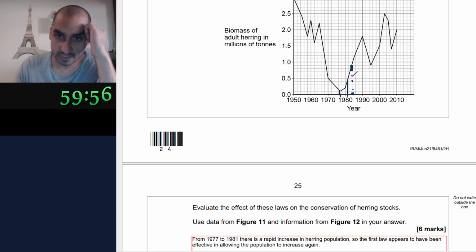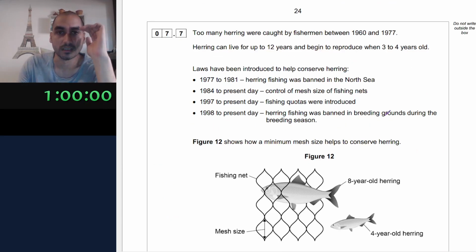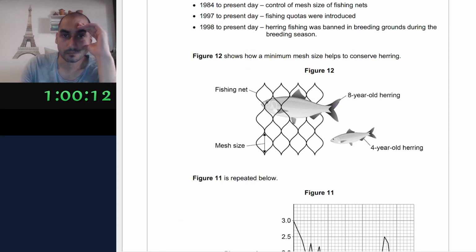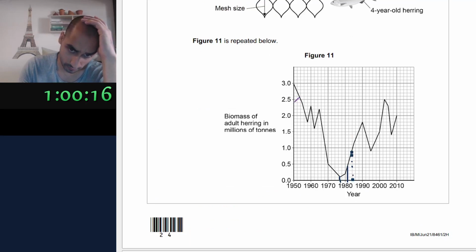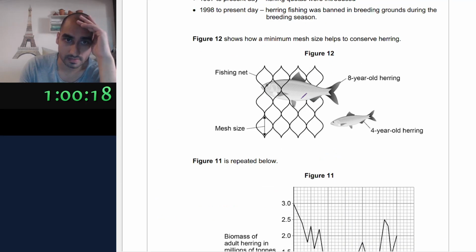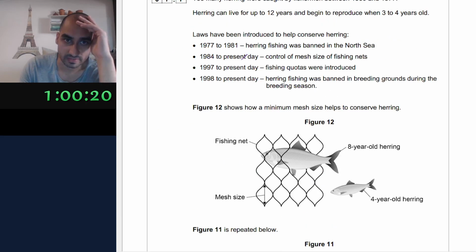It was already on an increase from 1981. But the thing is, the ban, it looks like it only went until 1981. Not to present day. So I would say there's not much evidence that the second law has done anything.